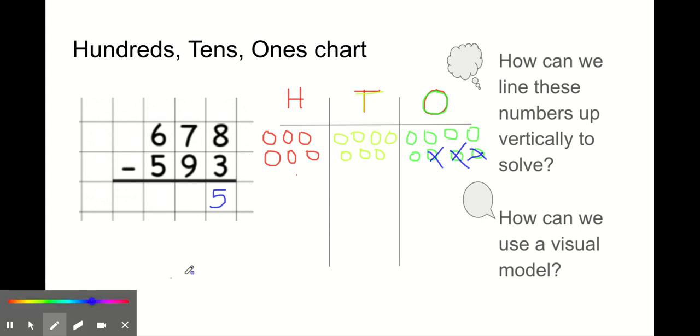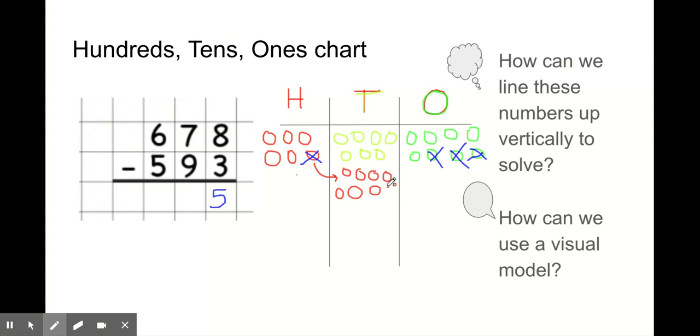So again, I need to take a hundreds disc, and now I'm going to move those hundreds discs into tens discs. 10, 20, 30, 40, 50, 60, 70, 80, 90, 100.